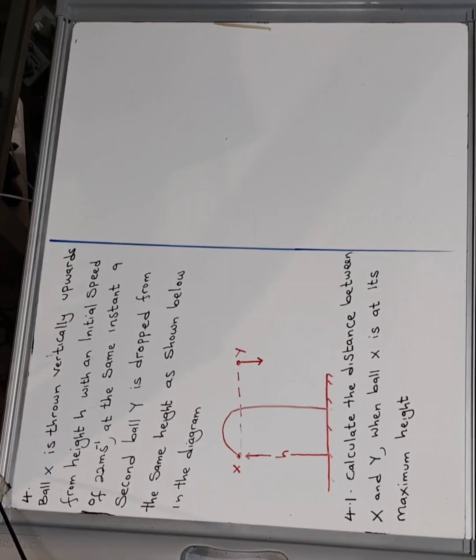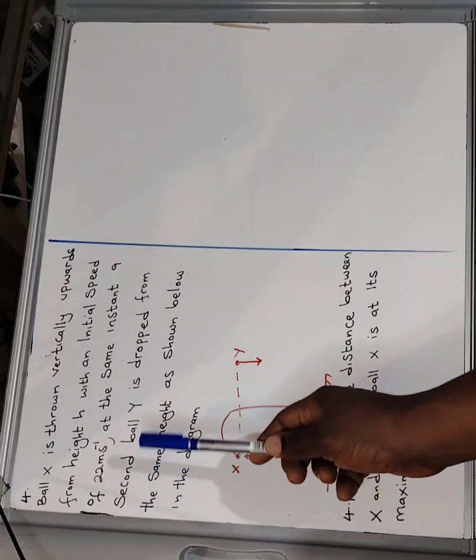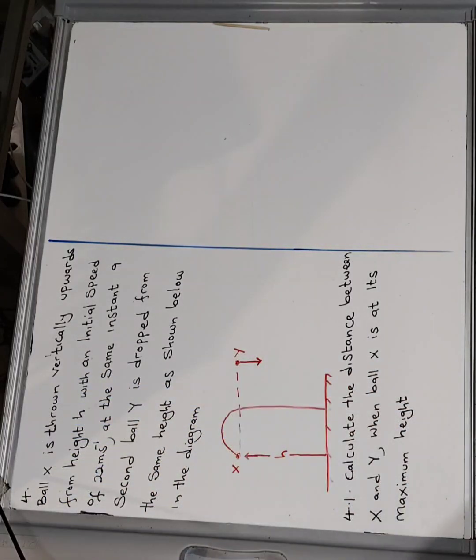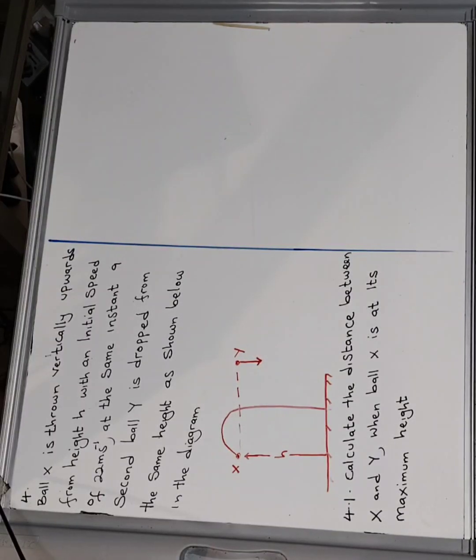Today we are looking at this question. It comes from vertical projection. Okay, let's look at the statement. Ball X is thrown vertically upwards from height h with an initial speed of 22 meters per second.